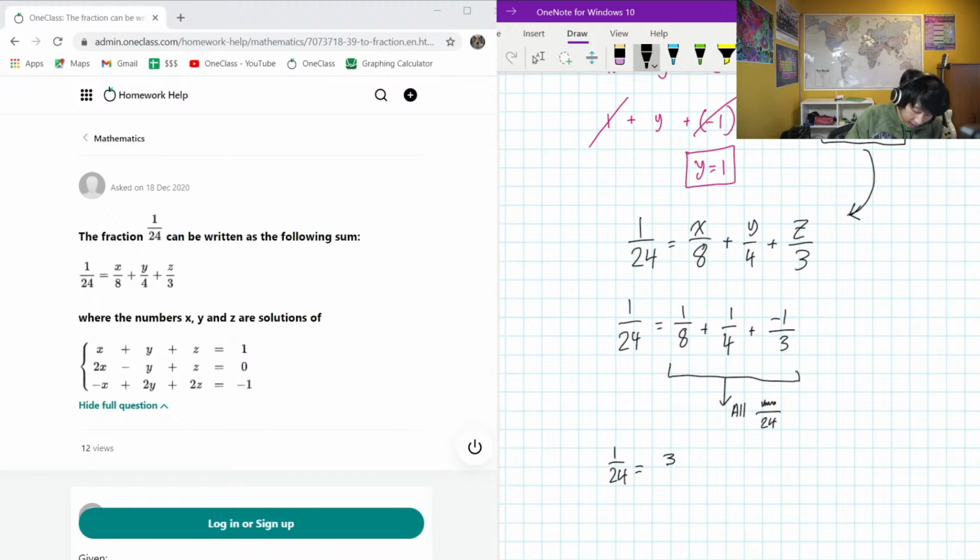24 is 3 times 8, so 3/24, plus 6/24, because 6 times 4 is 24, minus 8/24, right?